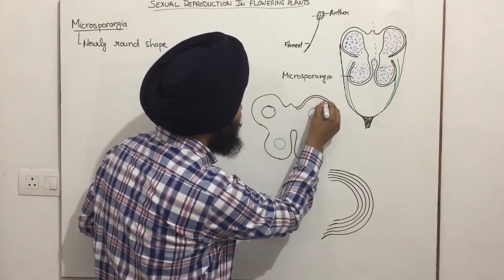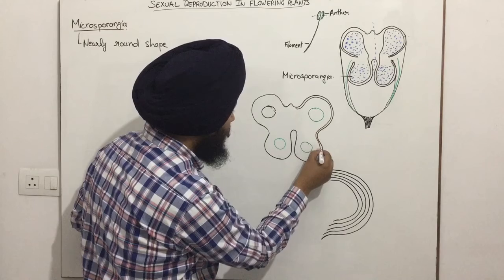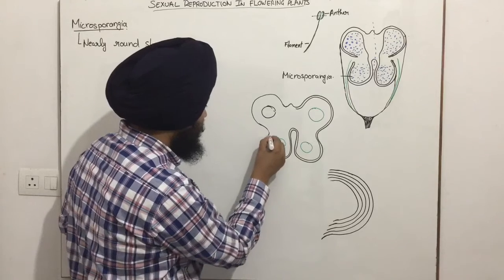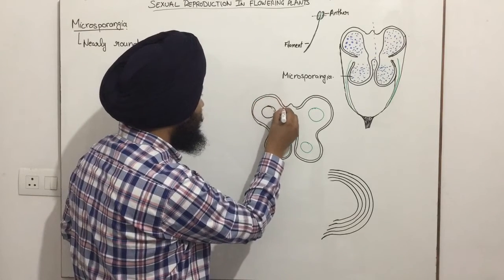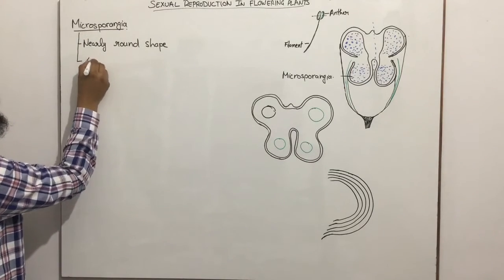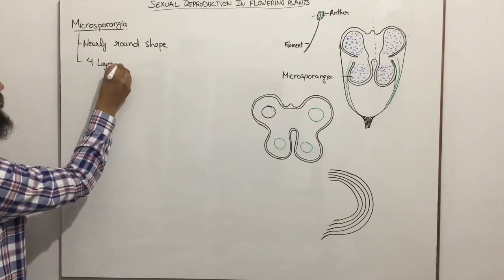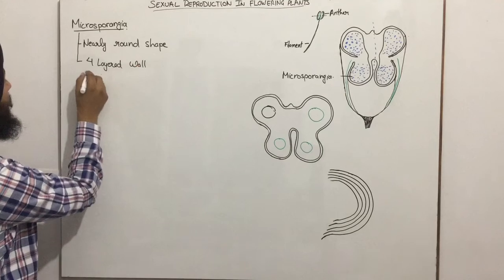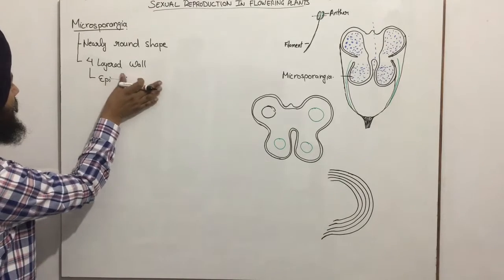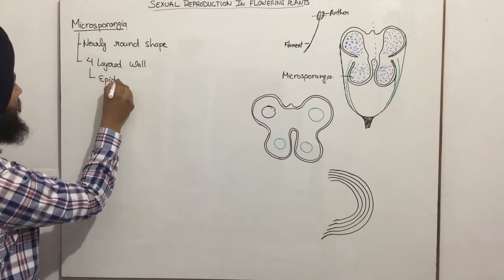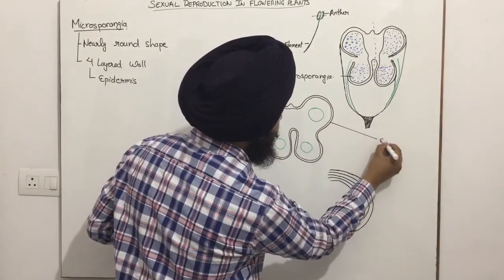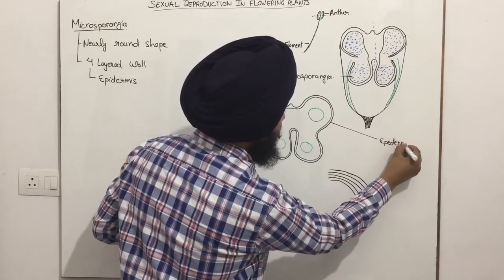So there are four walls. This one is the first wall, and first of all, there is a four layered wall, and the first layer is the epidermis.